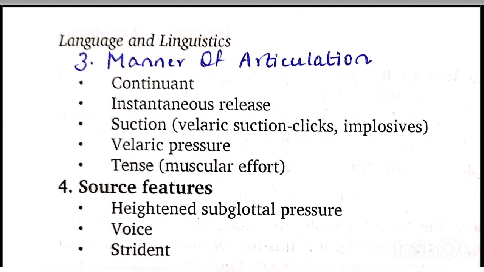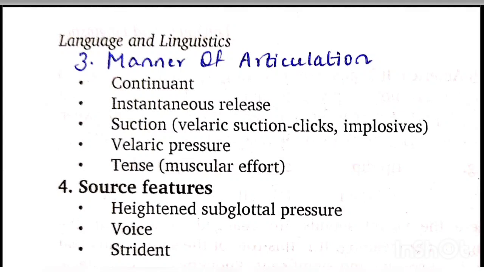The third one is manner of articulation. In manner of articulation, you can find continuant, instantaneous release, suction, that is velaric suction clicks, implosives, velaric pressure, tense, which is muscular effort.